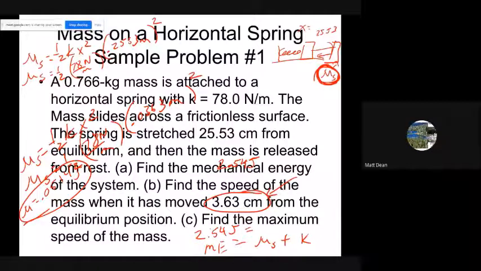So our total mechanical energy is 2.54. At this point, 3.63 centimeters from equilibrium, 0.0514 joules are elastic potential. That means the rest has to be kinetic. So let's subtract 0.0514 from the total of 2.54 and end up with a total amount of kinetic energy of 2.4886.